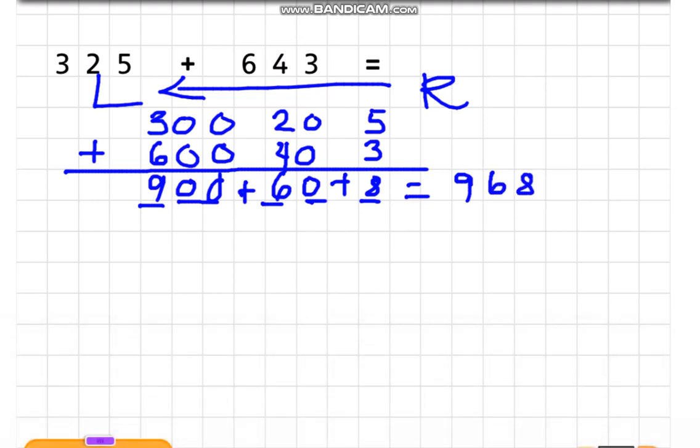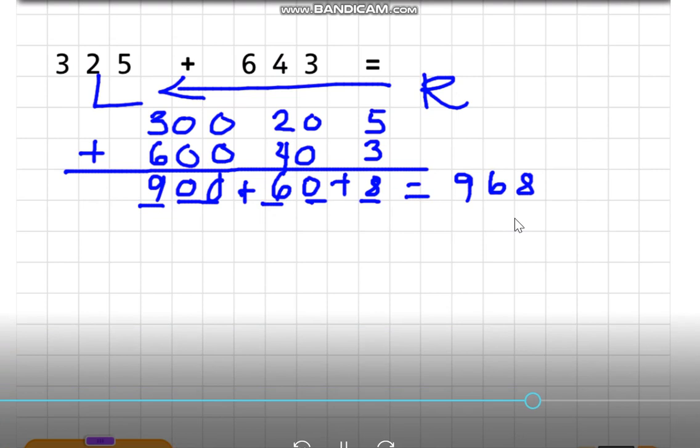Okay, alright. So if you have a calculator near you, you can go ahead and check if you have the same answer. So 325 plus 643 equals 968.